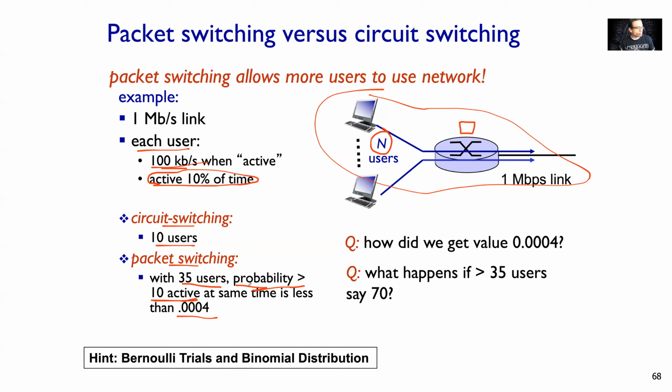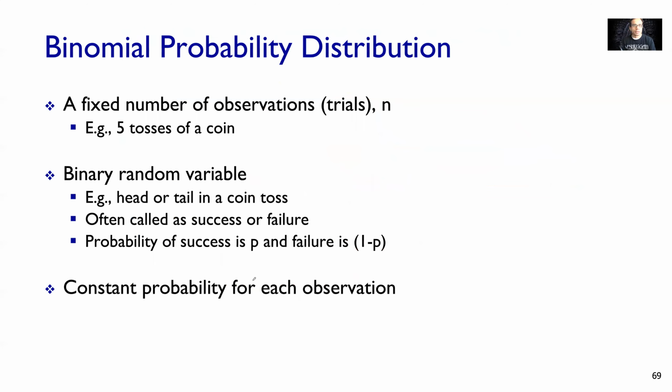Okay, so let's now move back to this formulation and try to work out where I get these numbers from. To do that, we'll go back to your high school, where you probably looked at very basic probability concepts. Perhaps you remember the binomial probability distribution.